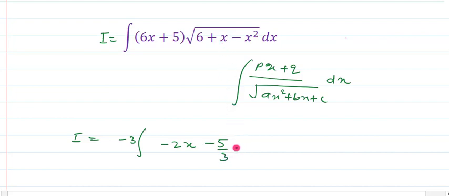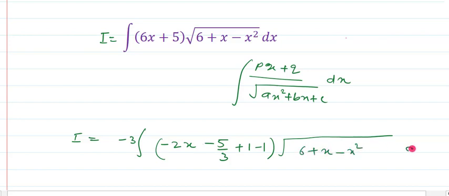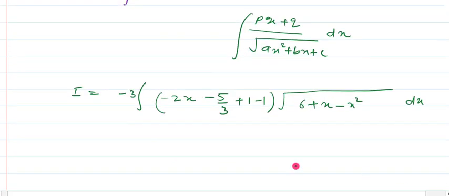So adding 1 and subtracting 1 over here, and the remaining quadratic stays under the root sign as it is. Now it is equal to minus 3 into, taking these two terms together, minus 2x plus 1, and segregating these two, it is minus 8 upon 3.